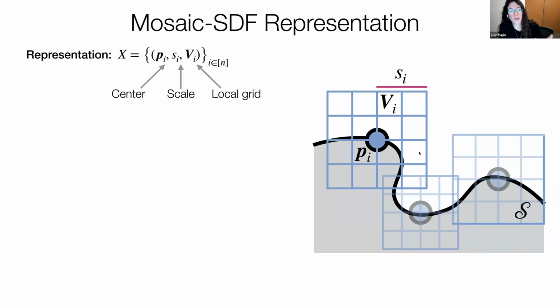Then each volume has 7 by 7 by 7 plus 1 plus 3 variables. And overall, for example with the parameters that we use, let's say I have around 1000 volumes, 1024.